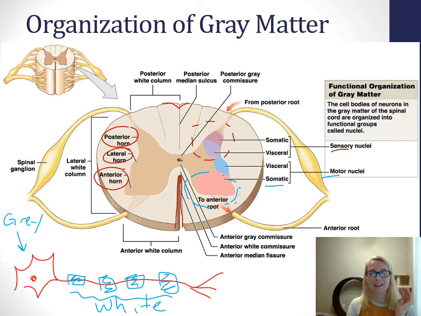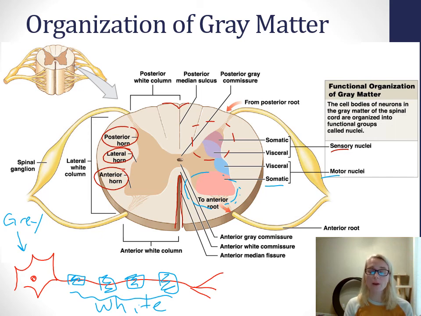No. Can you consciously control the breaking down of fat in your adipose tissue? No, you can't. So the only thing that you have conscious control over are those skeletal muscles. Remember all those skeletal muscles you learned back in 231? That's it. That's all you have conscious control over. The cell bodies that control those are located in that anterior horn.